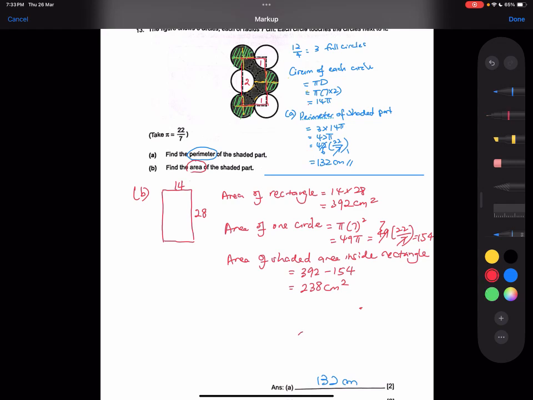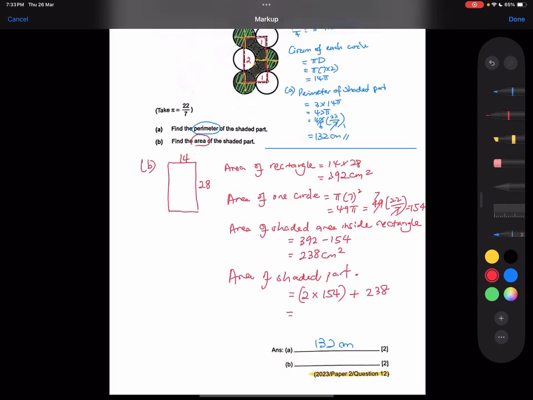So area of shaded part equals 2 times 154, which is the area of one circle, plus the shaded part that's inside the rectangle, which is 238.